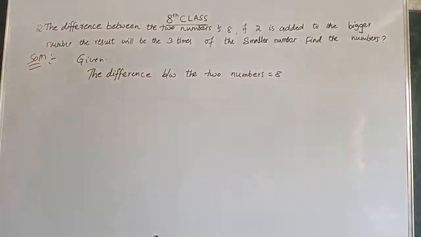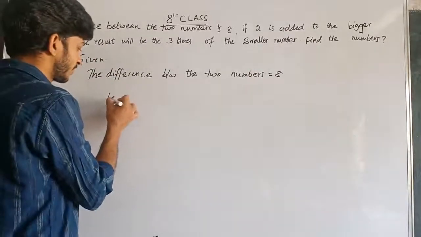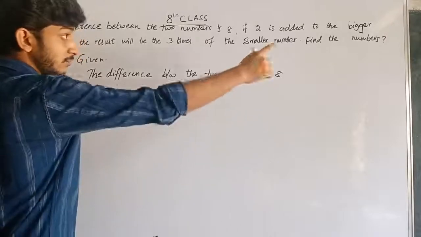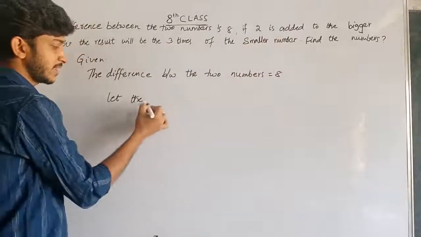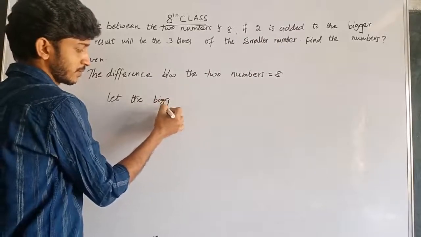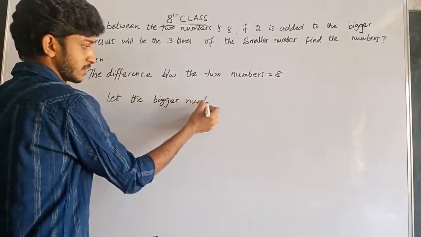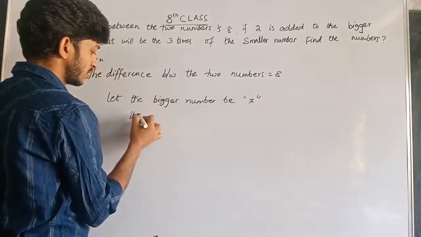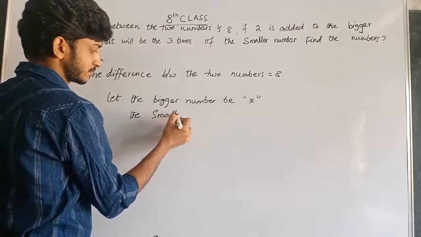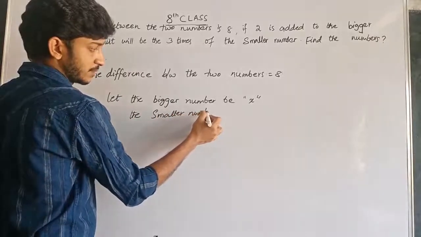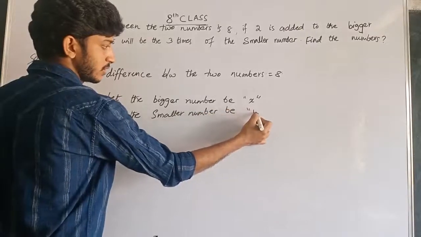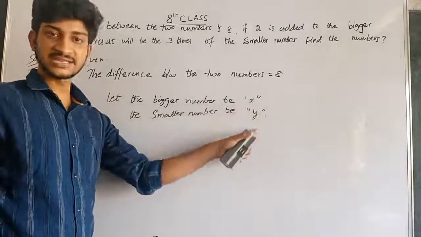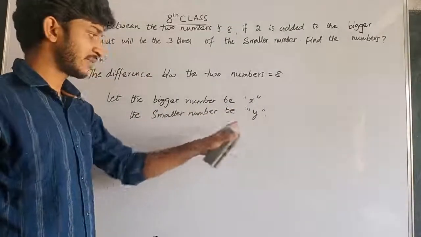We don't know the numbers, that's why I am taking the numbers as: let the bigger number be x and also the smaller number be y. So I took the two numbers as x and y. The bigger number is x and the smaller number is y.